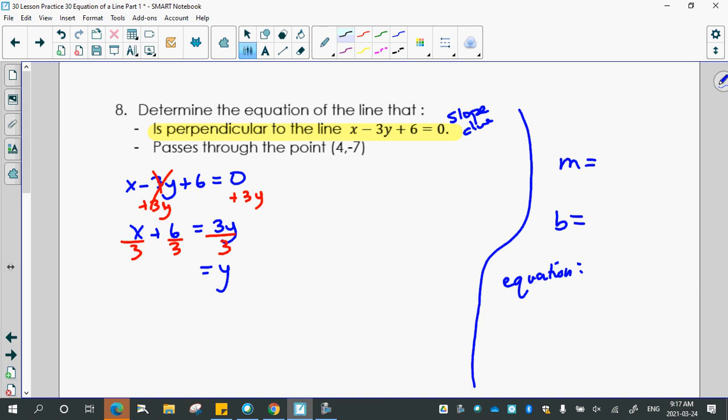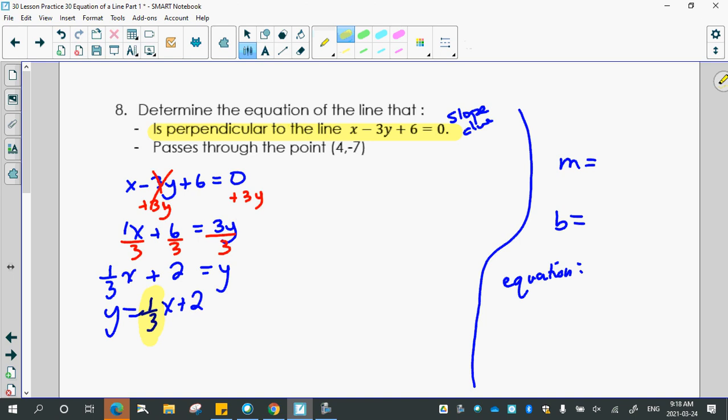So remember the invisible 1, so the 1/3 jumps out in front of x. So now I know the slope of this line is 1/3.